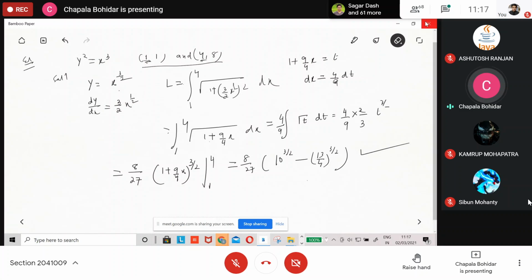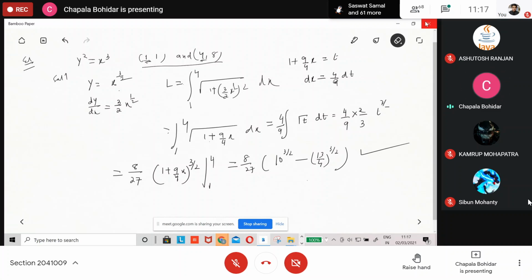Yes, it is 80 into root 10, okay, first one I am getting. Then the second one is 13 root 13. Check that you are getting 13 root 13. Okay, do it at home. Don't waste time now.